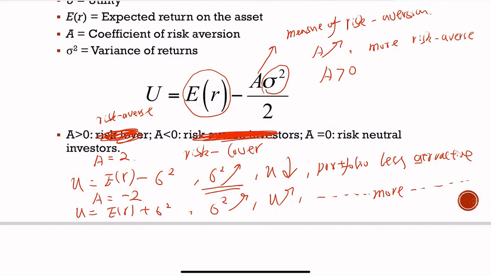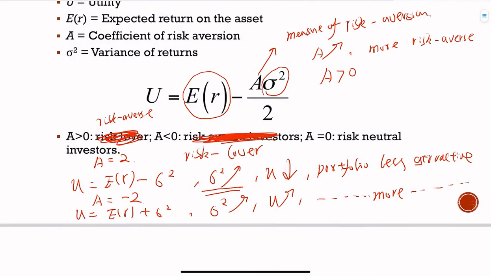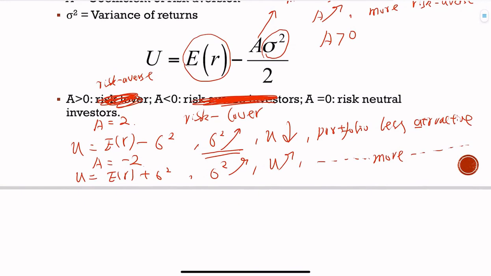This is definitely a risk lover, right? Because as risk increases, the attractiveness of the portfolio actually increases. And we could also see the case when A equals 0.